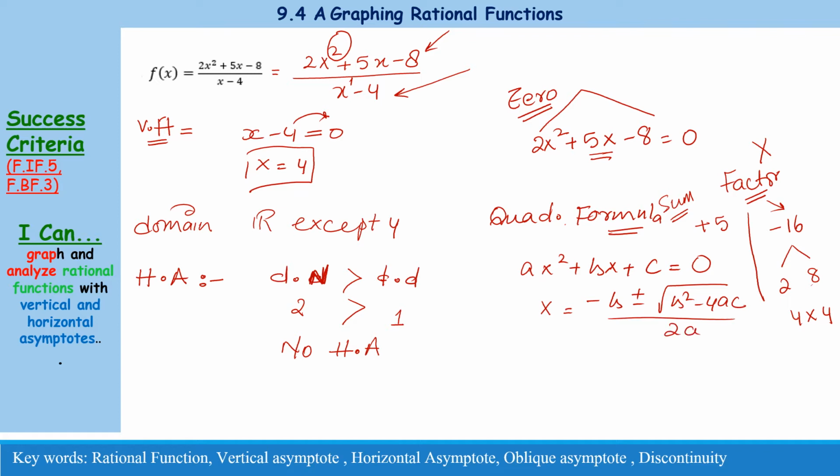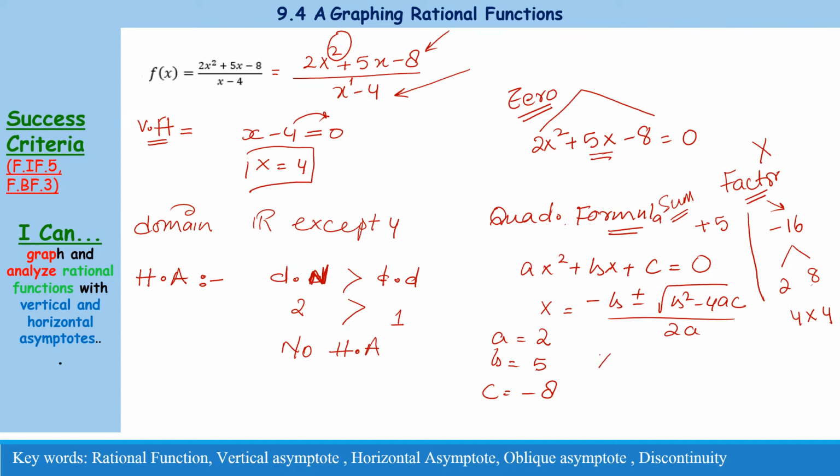So in your case, a is 2, b is positive 5, and c is negative 8. We have a whole chapter on applying the quadratic formula to solve such kind of questions. So you can watch my previous videos also or revise yourself.